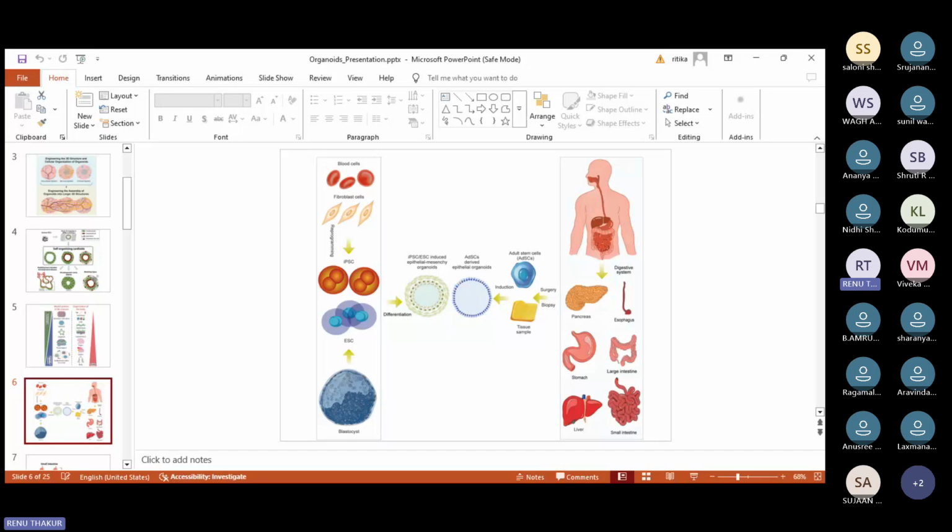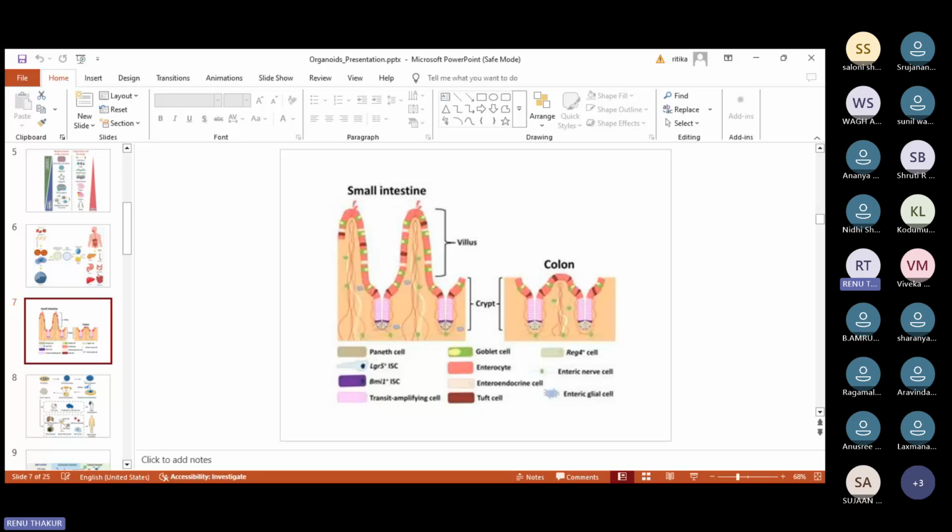Okay, so organoids are capable of mimicking specific functions of the organs they model due to their three-dimensional structure, which allows for complex cell-cell interaction, as we have discussed, and tissue organization. This functionality is crucial for studying organ development, disease modeling, and drug testing. Now, one by one, we'll discuss one or the other organoids, like intestinal organoids.